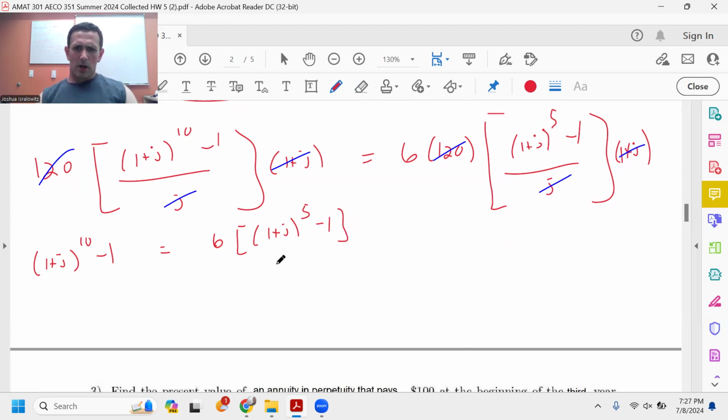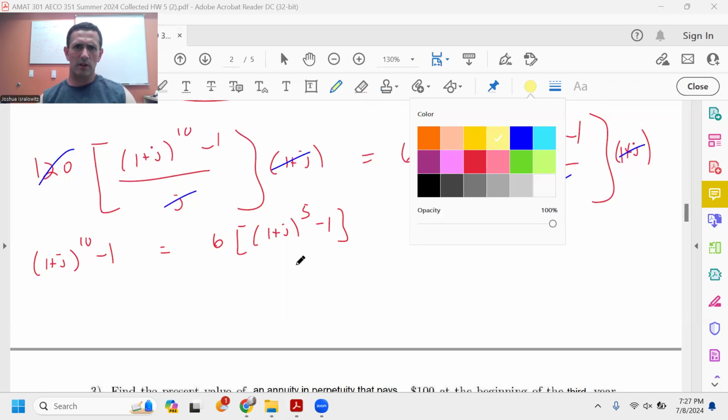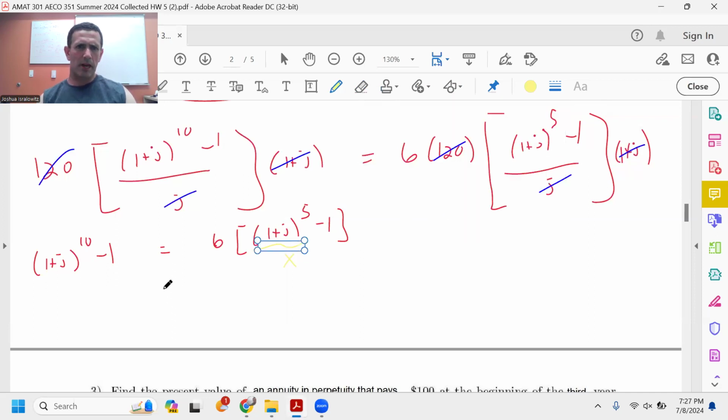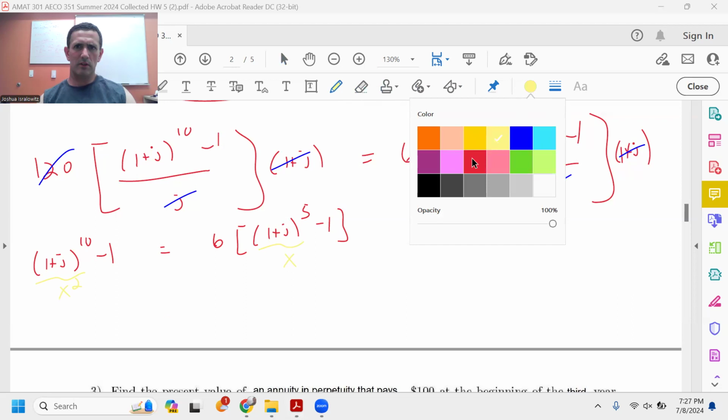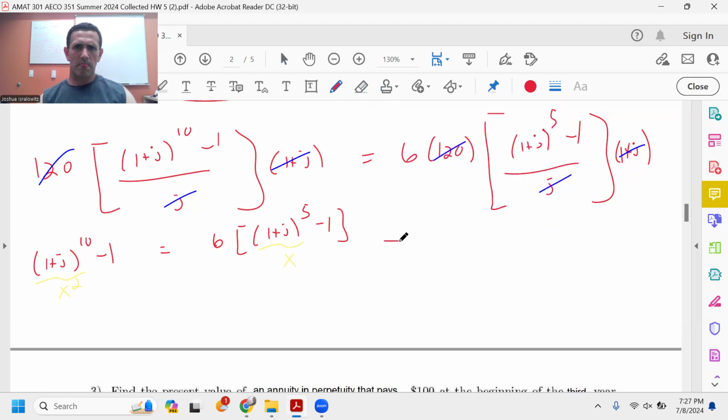All right, so this is a different color maybe. This is my X. So this would be X squared. That's definitely bright. All right, so this means X squared minus 1 is 6X minus 1.